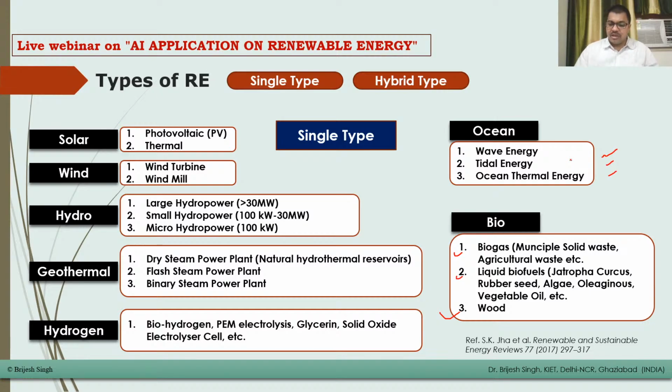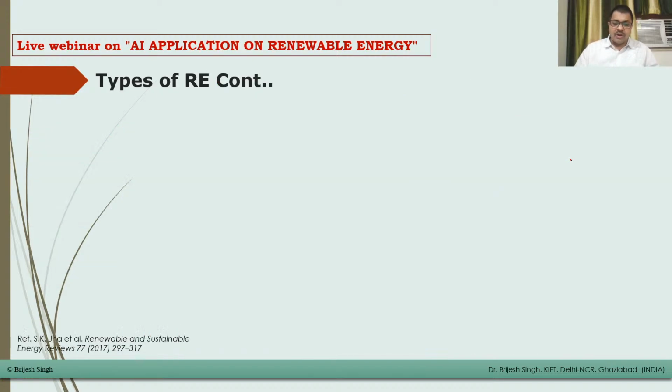Now if you are talking about hybrid energy, hybrid energy resources are basically what you get by combining any two types of energy source, like solar and wind, or solar and hydrogen, or wind and diesel, or wind and bio. So you are hybridizing a number of single type energy resources to make a hybrid system.